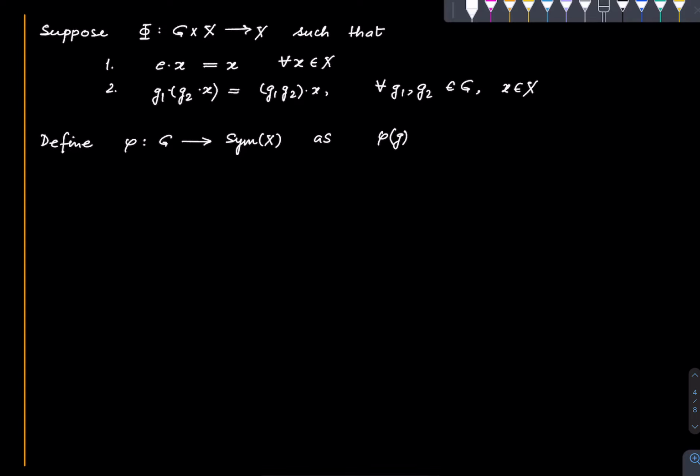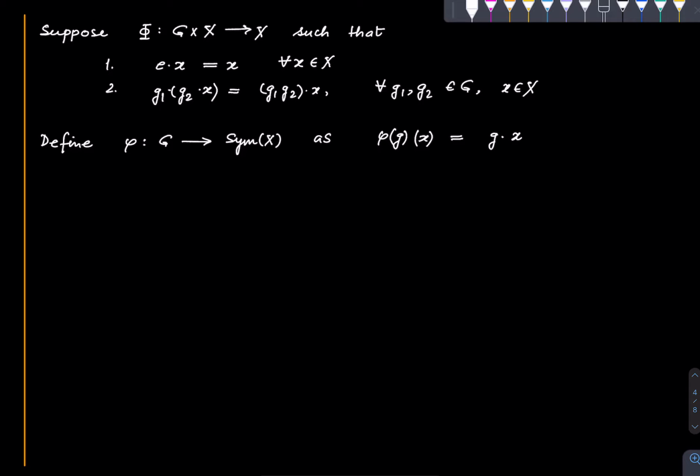Now we need to define phi of g. So given little g in capital G, how do we define it? It picks up some x, and it outputs g dot x. So that's our definition of phi g.